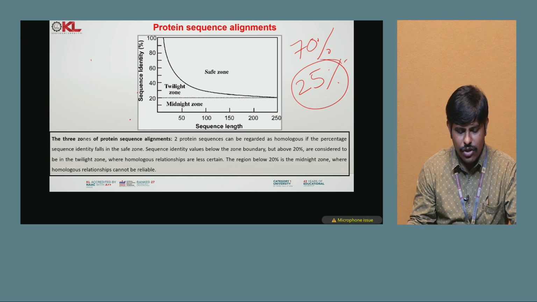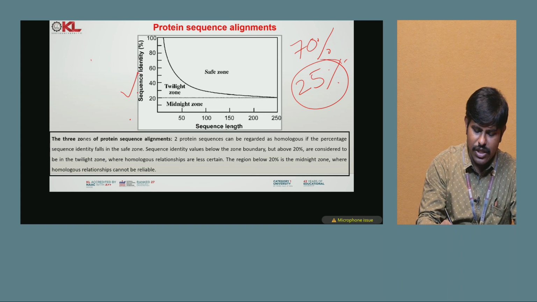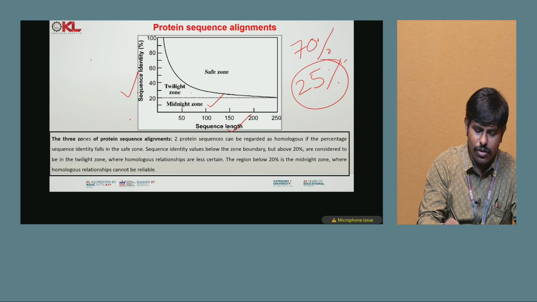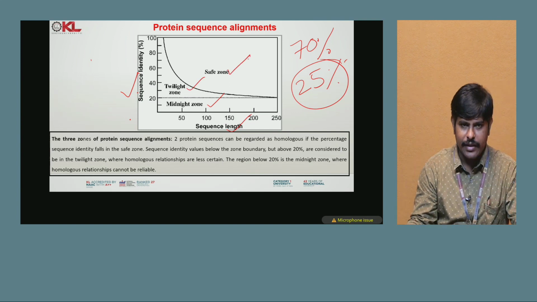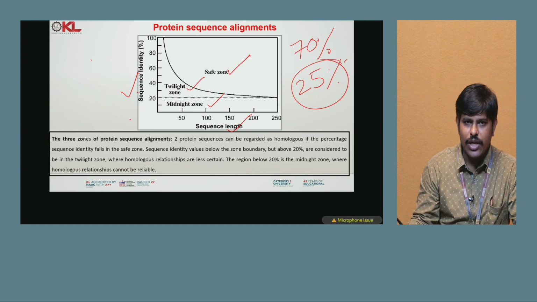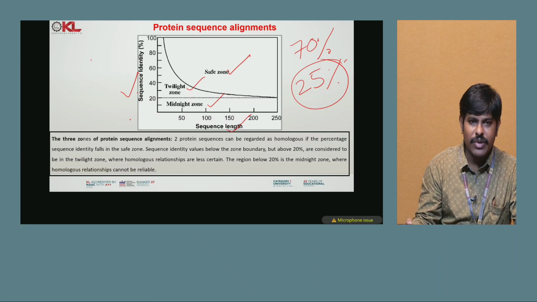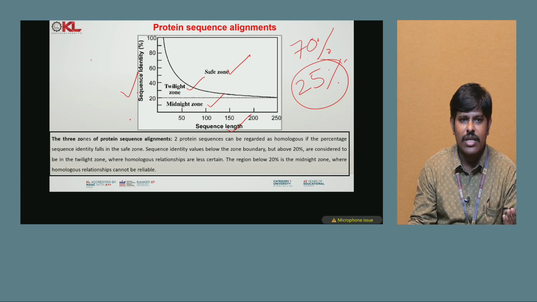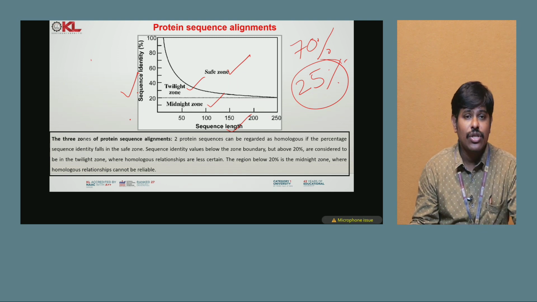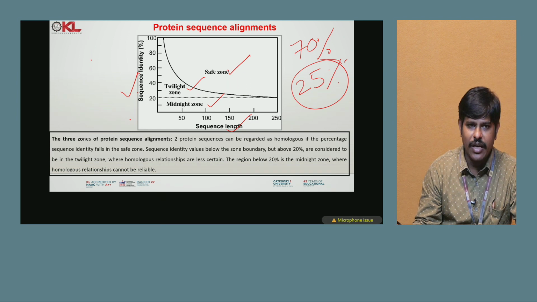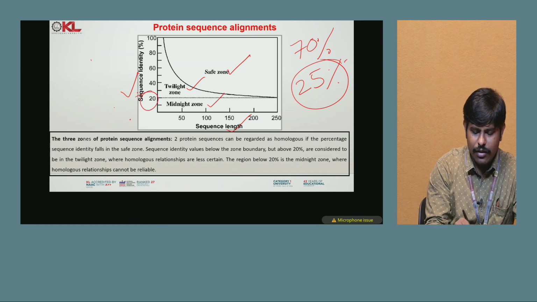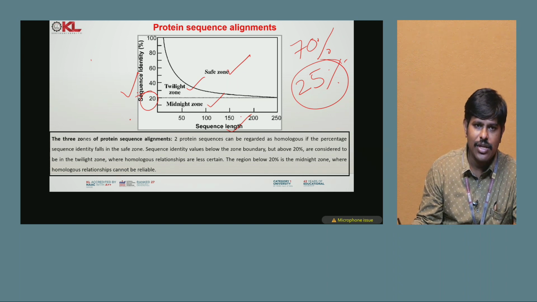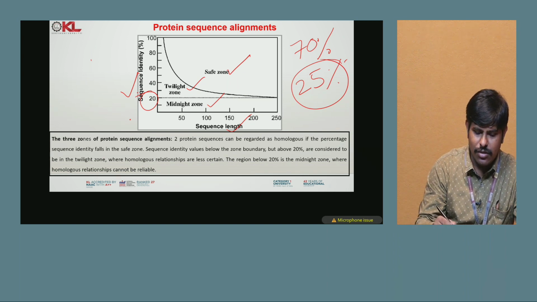Here is a graph showing the sequence identity and sequence length for protein comparisons, and you can divide three kinds of zones based upon identity: midnight zone, twilight zone, and safe zone. Midnight zone means we cannot consider the percentage of similarity as evolutionarily or statistically significant. Less than 20%, whatever the length, since the x-axis is the length of the sequence, you cannot consider as significant.